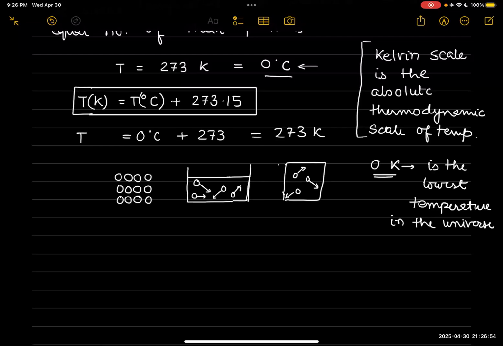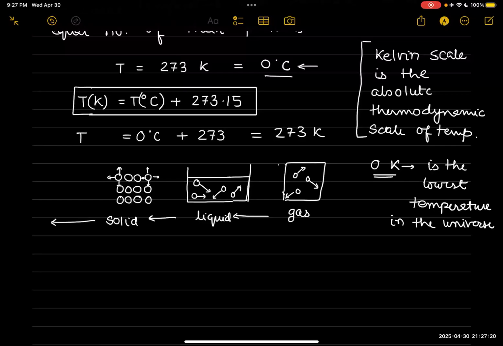And if we cool a gas, it becomes liquid. If we cool it further, it becomes solid. The particles of the solid do not move, but they vibrate. They exhibit vibrational motion.